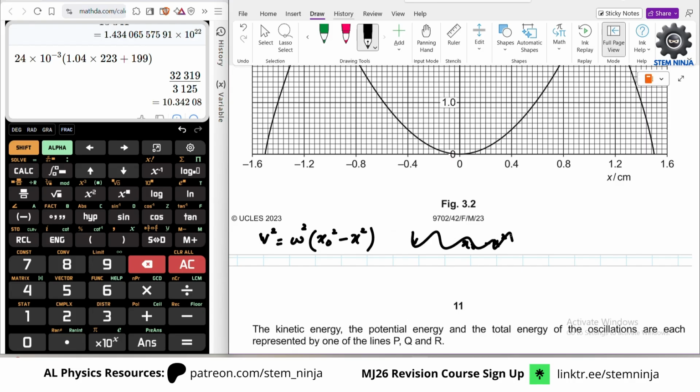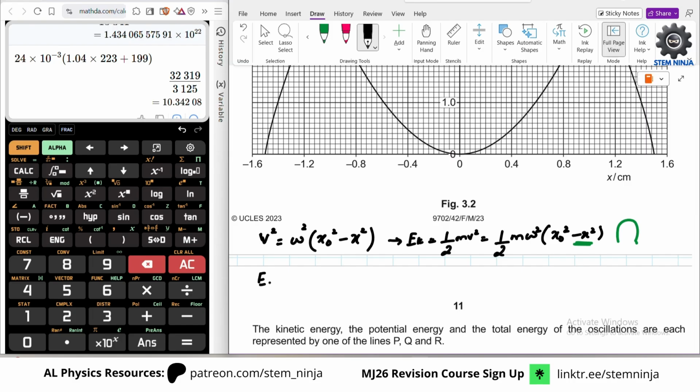If you multiply by half m, you get the kinetic energy, half m v squared. This becomes half m omega squared, x naught squared minus x squared. Due to the minus half m omega squared x squared factor, this is going to be an inverted U-shaped quadratic parabola.